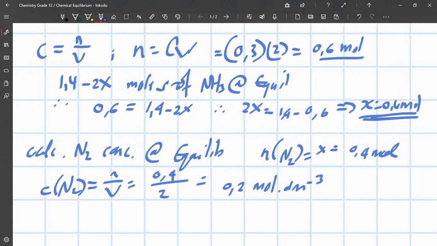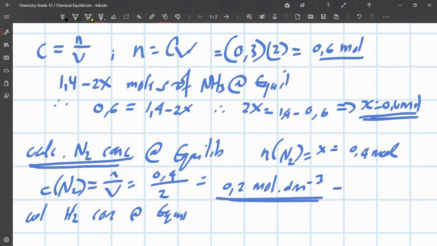And then now we can calculate the concentration of hydrogen. This next one is quite simple as well. So next is to calculate hydrogen gas concentration at equilibrium.